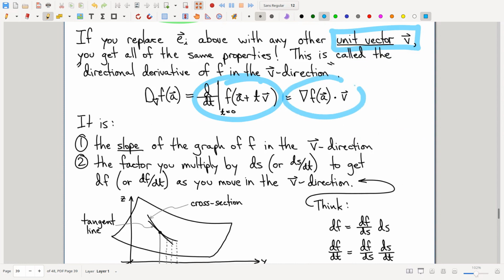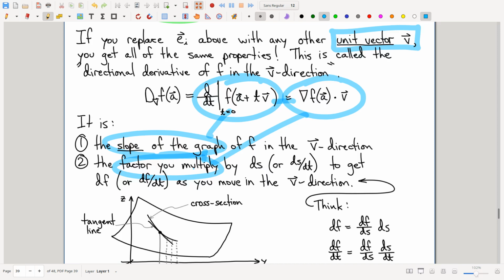You can compute this dot product. You can talk about the slope of the graph in that direction. You can talk about the multiplicative factor as you move in that direction. These are all four equal to each other, for all the same reasons that it works for standard basis vectors. Because, again, any unit vector could have been a standard basis vector.